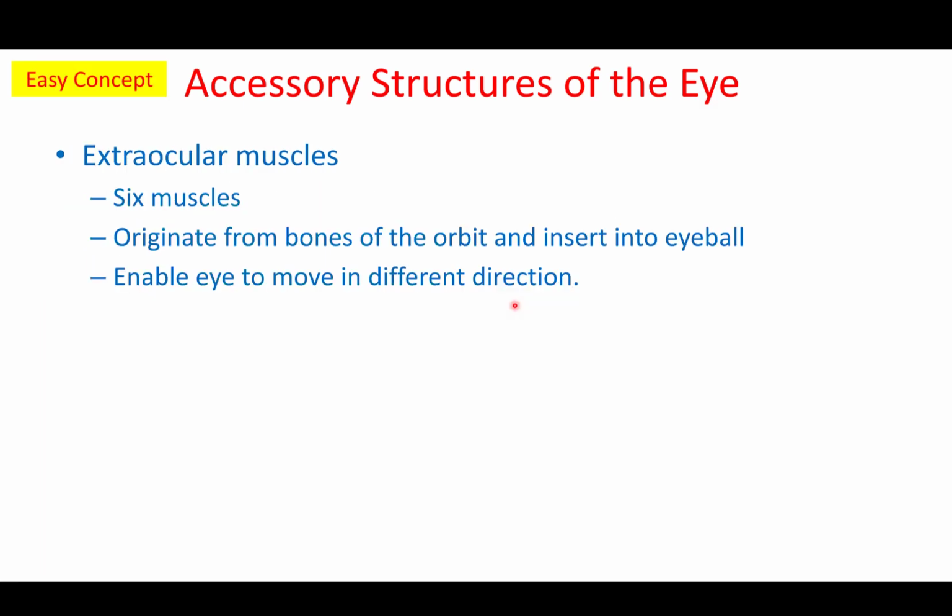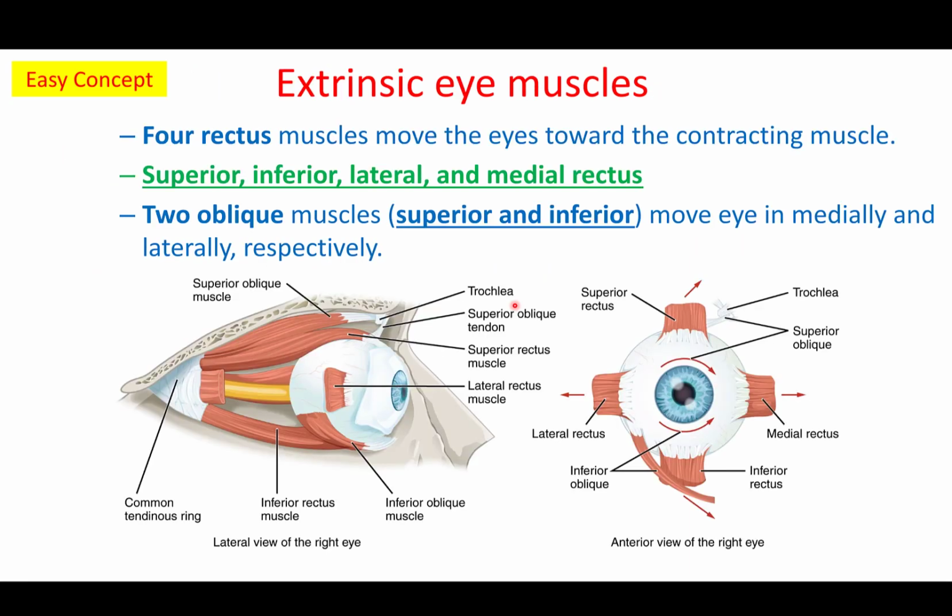Then, a group of important accessory structures around the eye are the extraocular muscles. Those are 6 muscles that are inserted on the eyeball, and they are responsible for the movement of the eyeball. We have 4 rectus muscles. Depending on their position from the eyeball, we have the superior rectus, inferior rectus, lateral rectus, and medial rectus.